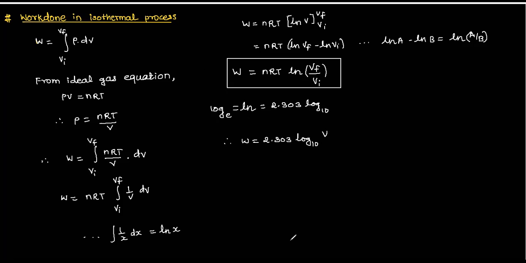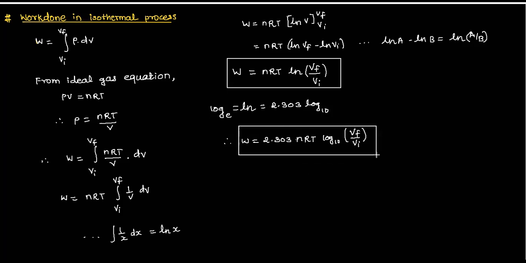So 2.303 nRT log to the base 10 of Vf by Vi.